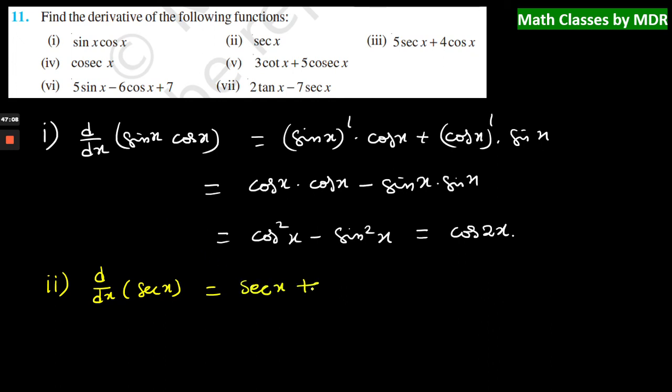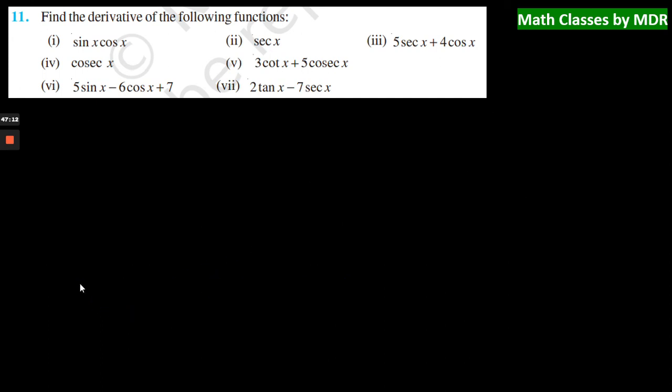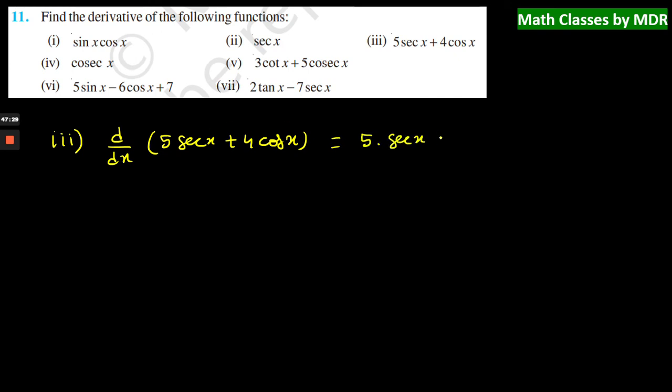Now let's take the third one: d by dx of 5 secant x plus 4 cos x. We know that 5 cannot be differentiated, so we take 5 out of the differentiation. Secant x gives secant x tan x, plus 4 cos x; cos x differentiation is minus sin x. That's it. This is the answer for the third one.